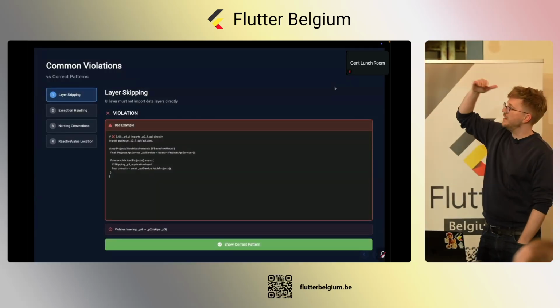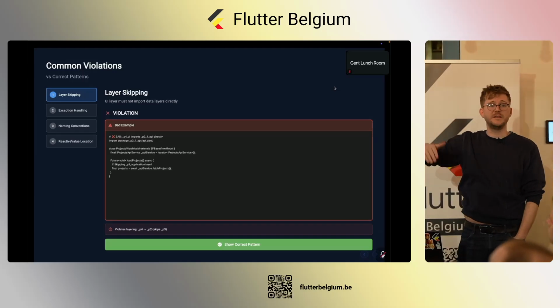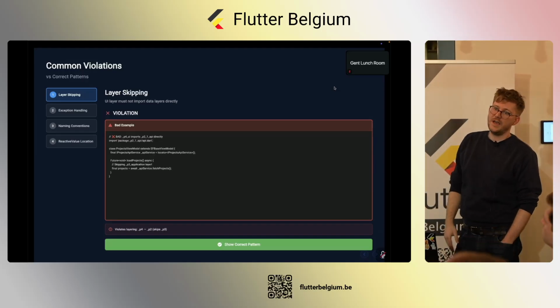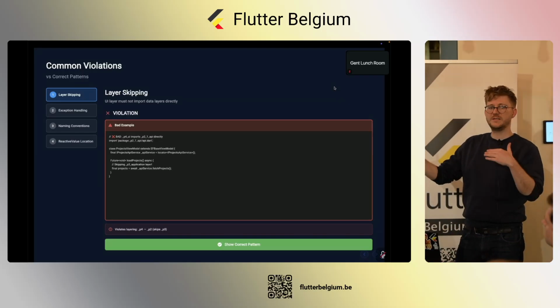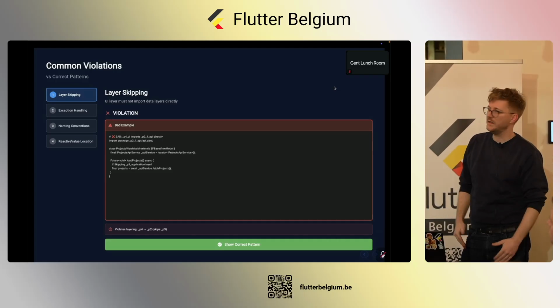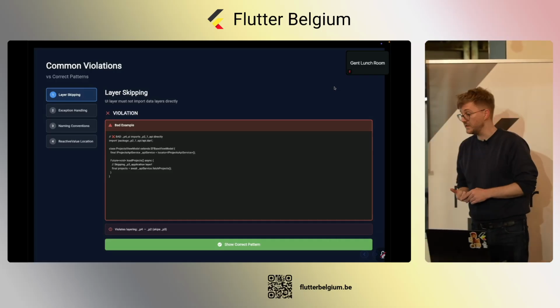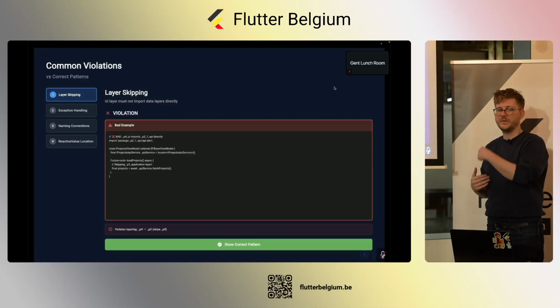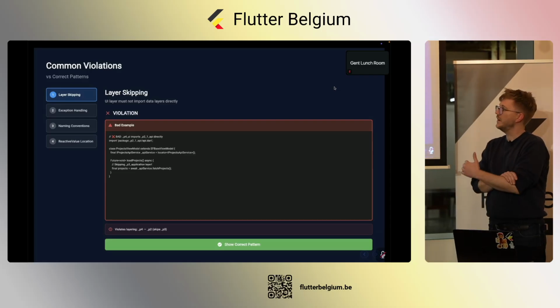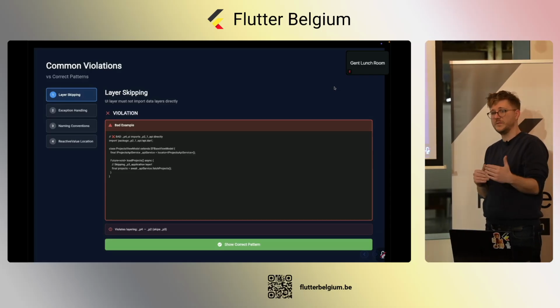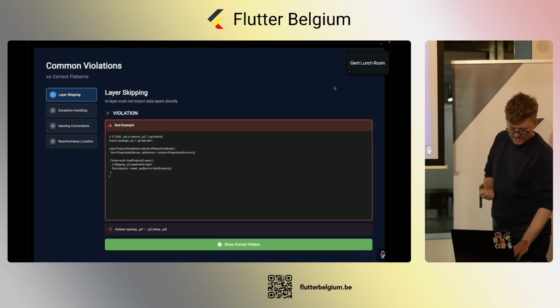We had some common violations in the past, having the layer skipping. That's why we introduced the projects, so we can enforce it. You cannot import things that you cannot see. We work with barrel files, so if you import things directly from the source, you get exceptions there.